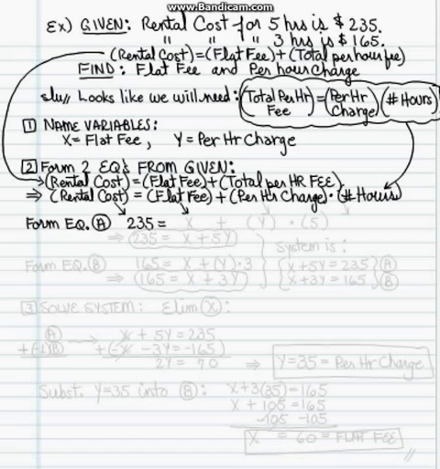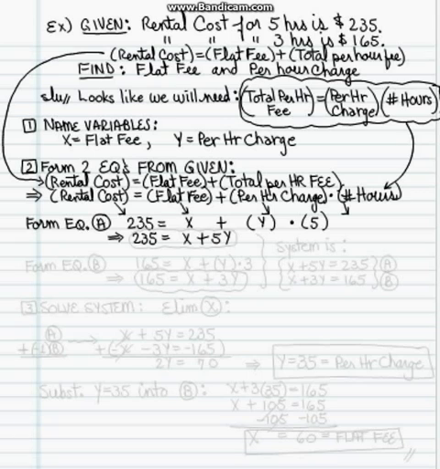Let's call that the X value, plus the per hour charge times the number of hours. The per hour charge is what we call Y, times the number of hours. For the 235, it was 5 hours. Let me clean that up a little bit. That gives us 235 equals X plus 5Y.